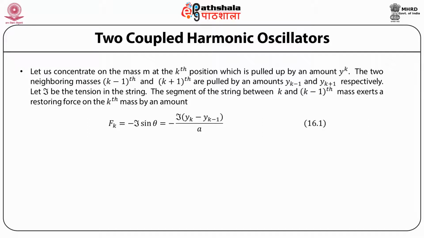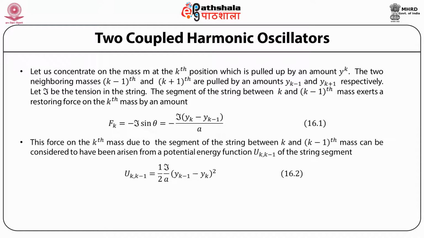So the restoring force is minus T (y_k minus y_(k-1)) by a, because sin theta can be written in terms of this. This force on the kth mass due to the segment of the string between the kth and (k-1)th mass can be considered to have arisen from a potential energy function, which we write as U_(k,k-1) of the string segment.